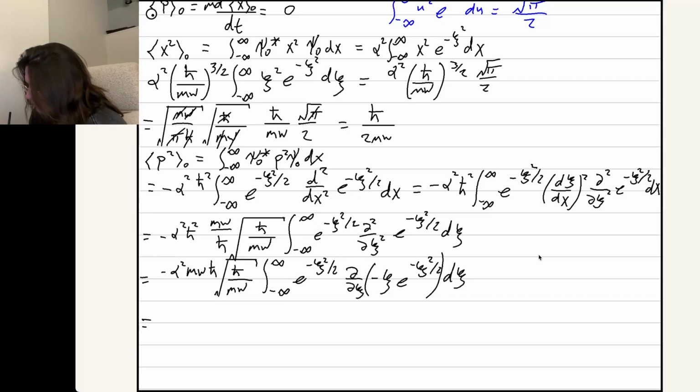So we can factor out the minus sign from in there, so this isn't minus anymore. We can expand the definition of alpha. Alpha squared will be the square root of m omega over pi h bar. We'll still have the m omega h bar, and we'll still have the square root of h bar over m omega.